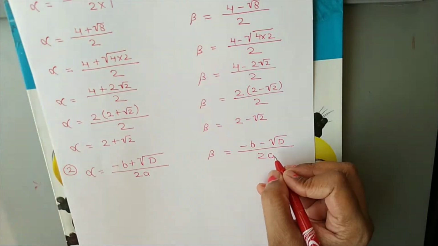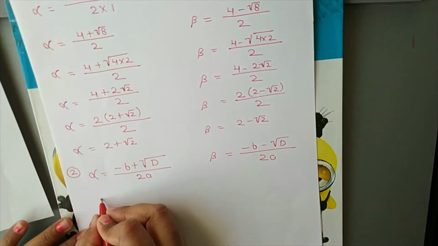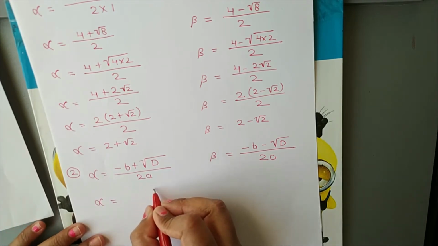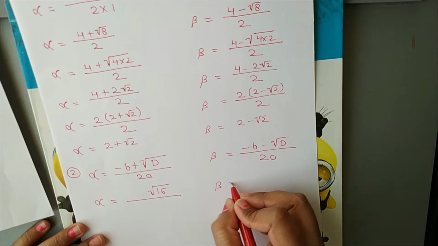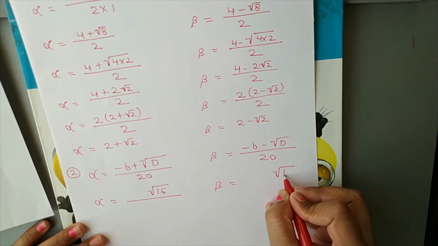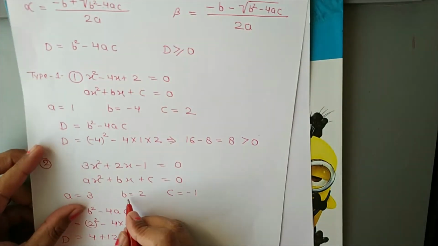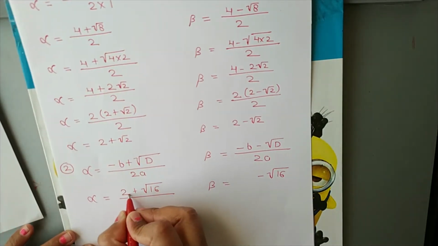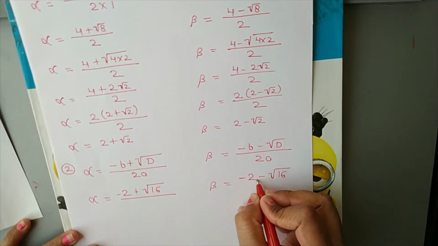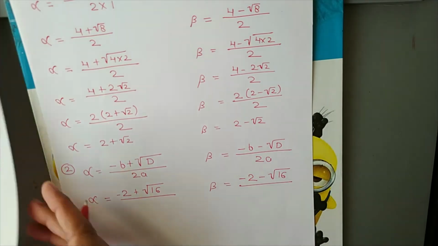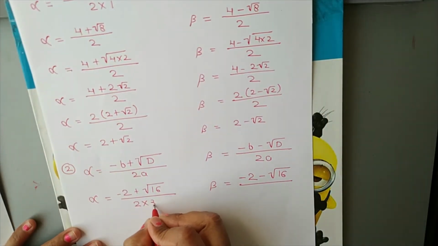Here D is 16, b is 2 and minus sign is there, and a is 3, so 2 into 3.